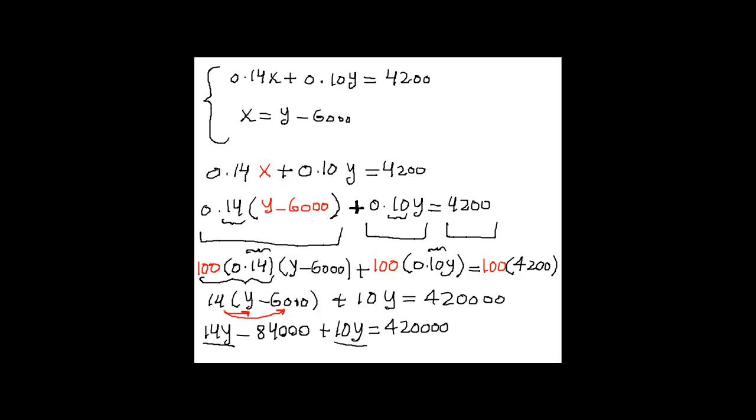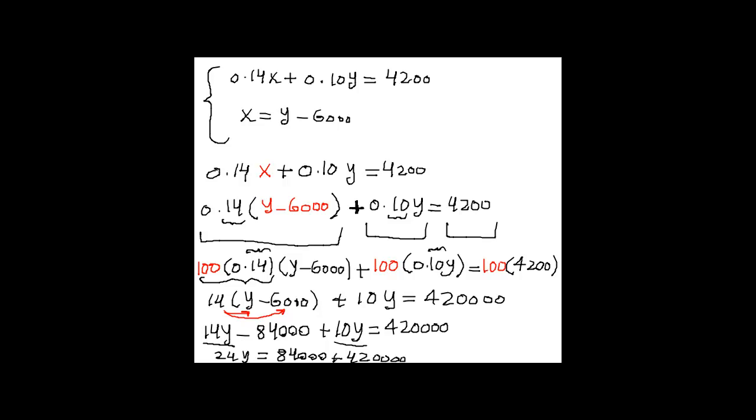Very good. All right, so if I add these two, I would get 24y equal to, and I can add 84,000 to both sides of the equation. If I do that, 84,000 would go to the right, added to 420,000.